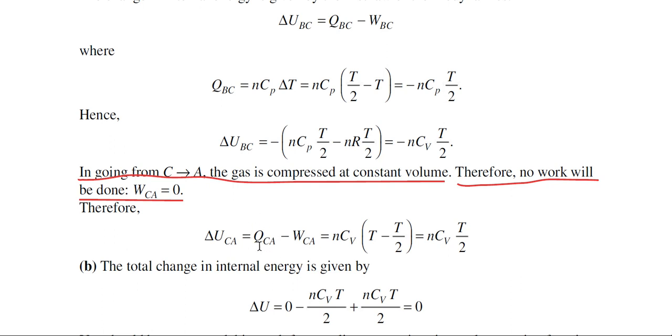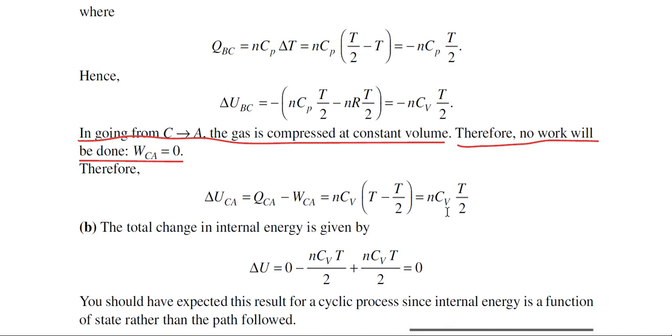And now again we are using the formula of Q for heat, that is n into Cv into T minus T by 2. The final temperature is T, and at the point C the temperature is T by 2. So delta U_CA is equal to n into Cv into T by 2. Just take note that for Q_BC it was minus n into Cp into T by 2, and here it is n into Cv into T by 2. Why Cp and Cv?